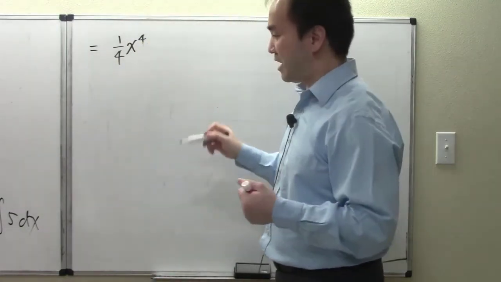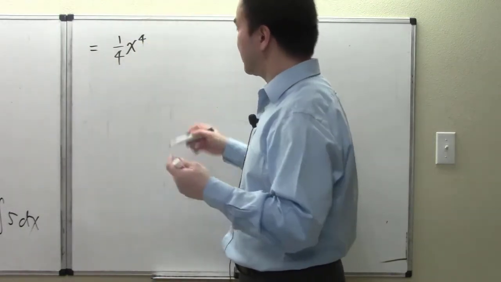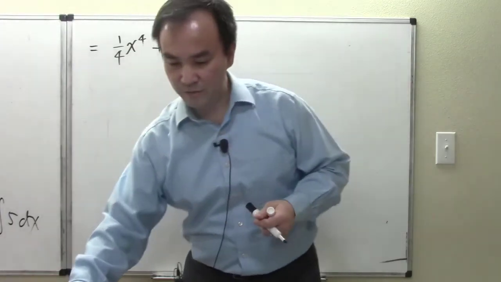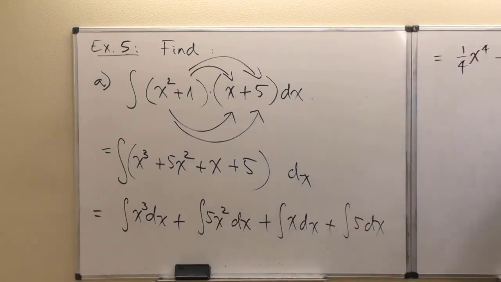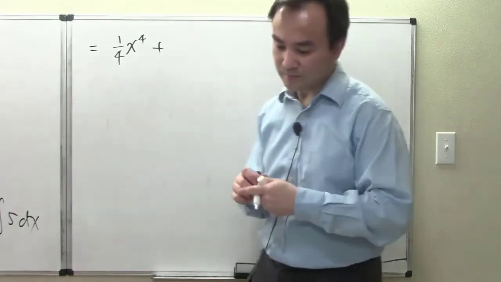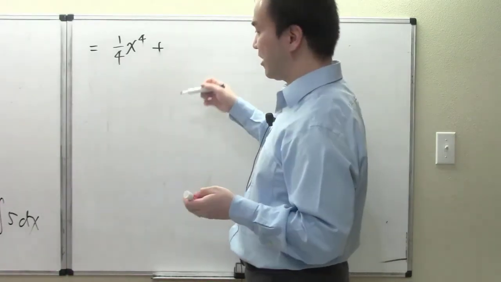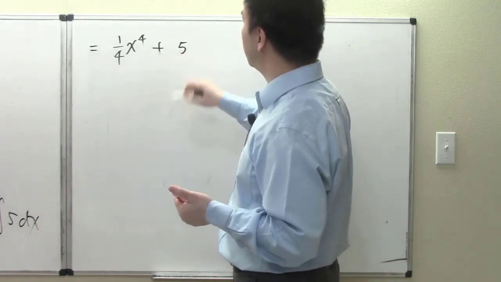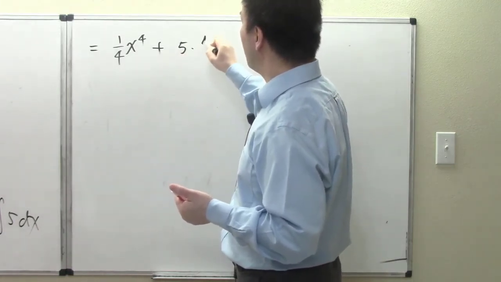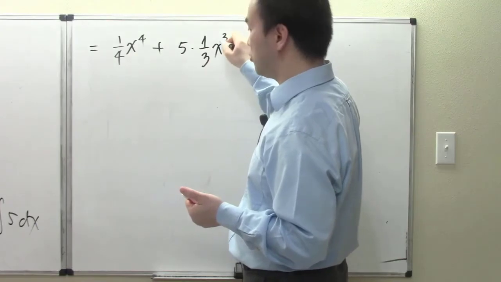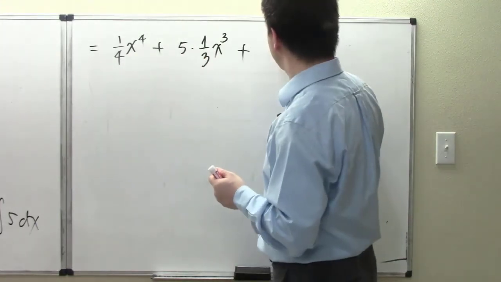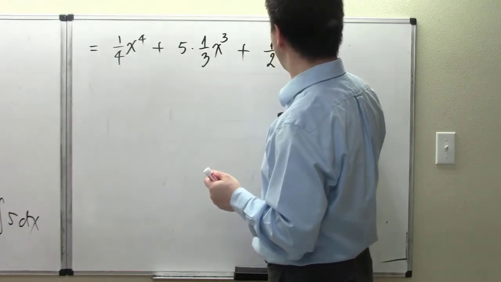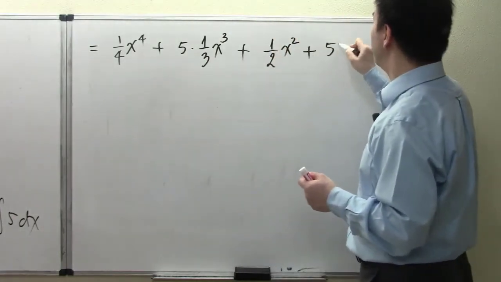My second term, let me remind anyone viewing the video what the second term is here, gives me 5 times 1/3 x cubed. Then the third term on my list is simply going to give me 1/2 x squared, and the last term is a 5x.